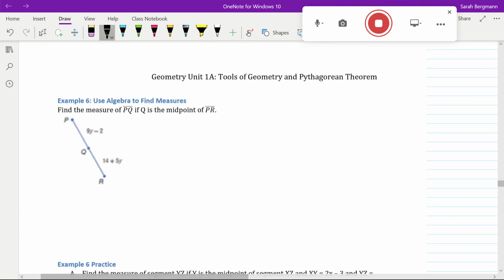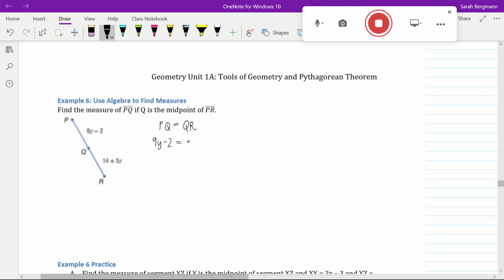Next, for example 6, it says find the measure of segment PQ if Q is the midpoint of segment PR. So if Q is the midpoint of segment PR, I know that PQ must be equal to the length of QR. That's what midpoint means. So if PQ is equal to QR, I can substitute in their expressions. The expression for PQ is 9y minus 2.